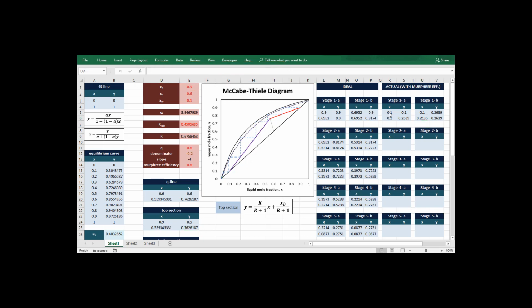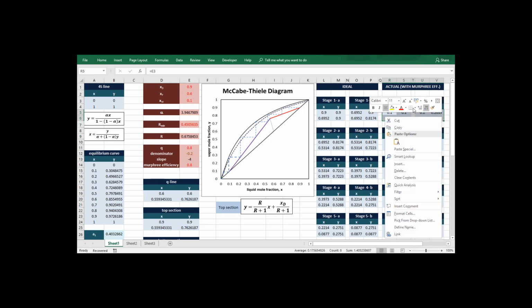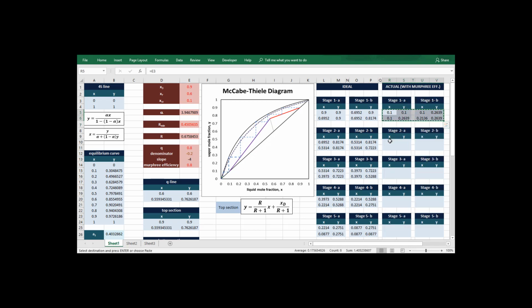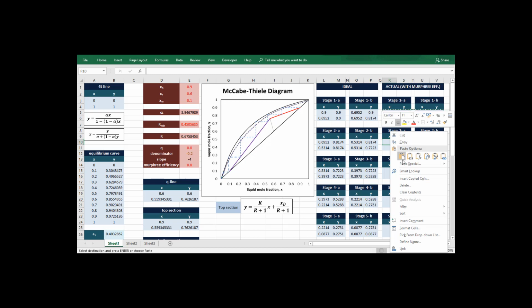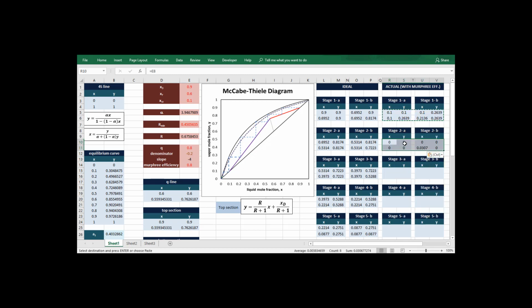I'll just copy this format and use it for the following stages. So, I'll copy and paste. And then, the initial values for x and y will be equal to the x and y values of the previous stage.